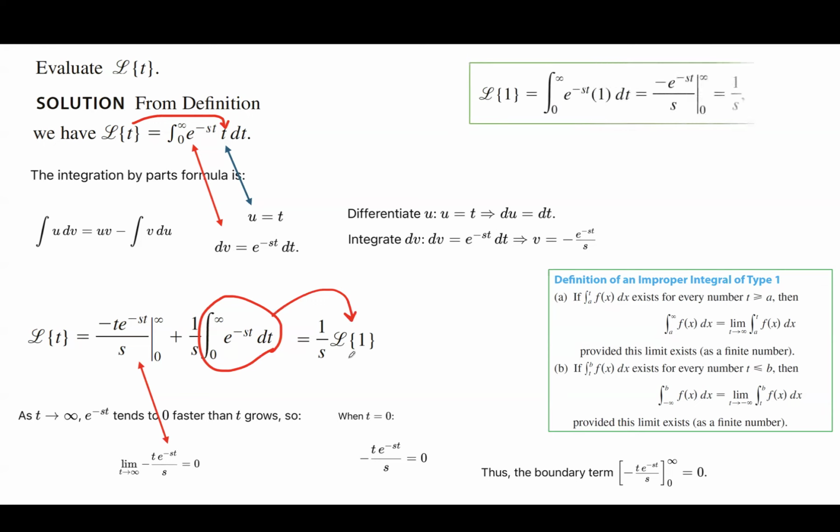So all you need to do is the multiplication: 1 over s times 1 over s is 1 over s squared. So we just calculated the Laplace of t, which is 1 over s squared. With the same process, we can calculate the rest of the Laplace transformations for different types of functions using integrals.